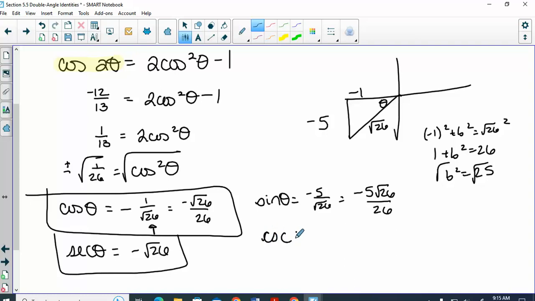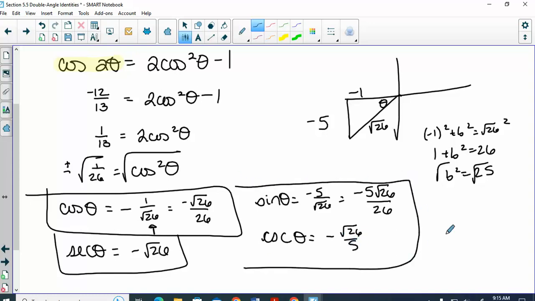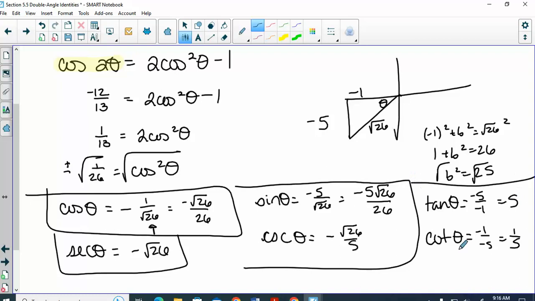Cosecant, reciprocal of sine, so if I just flip that, negative radical 26 over 5. Tangent, opposite over adjacent, so negative 5 over negative 1 is positive 5. Cotangent, if I flip that, we get 1/5.